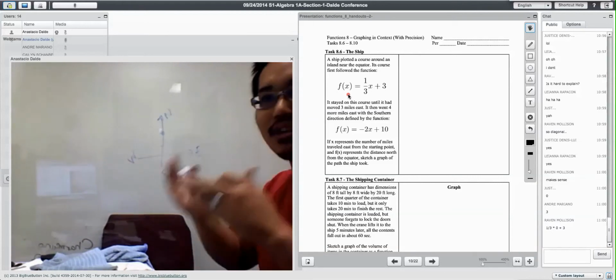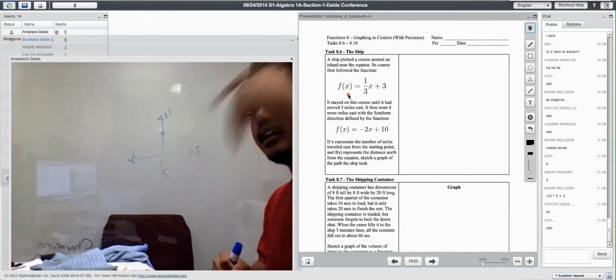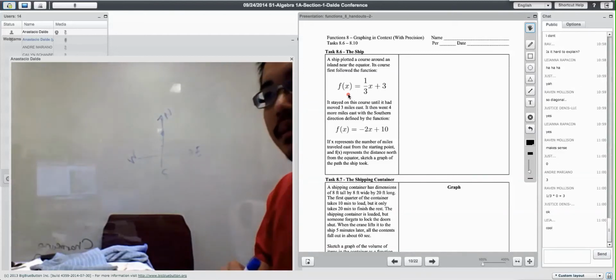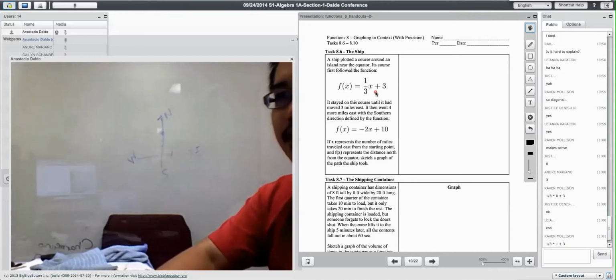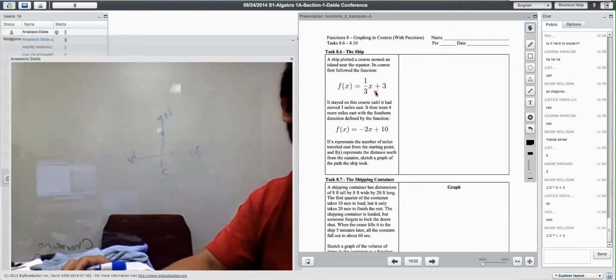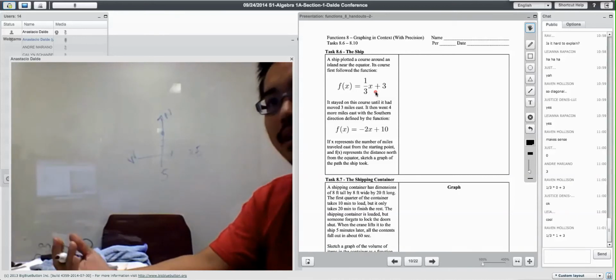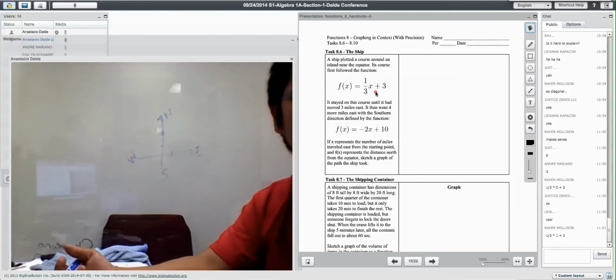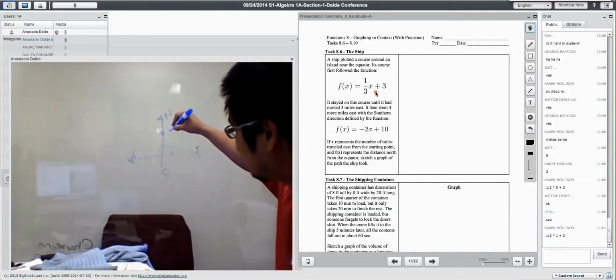Then what about 1 mile east? Fine. You just plug in x equals 1 here. So 1/3 times 1 plus 3 is 3 1/3, like 3.3. So it's up here a little bit.